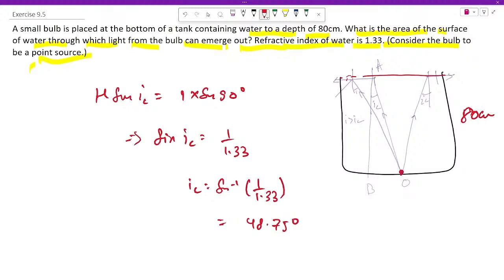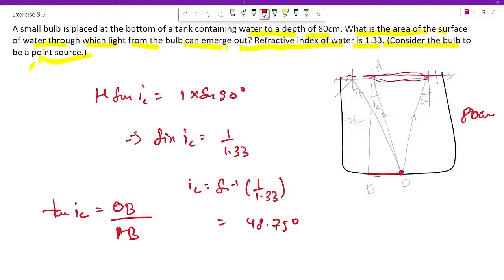Now in order to find out this area, we must know the radius, that is OB. Radius OB can be found using the trigonometric relation: tan of i_c would be equal to the perpendicular, that is OB, divided by AB. Here we have to find OB.